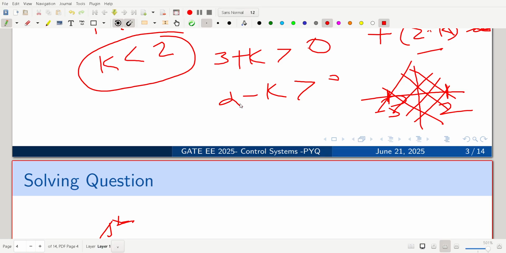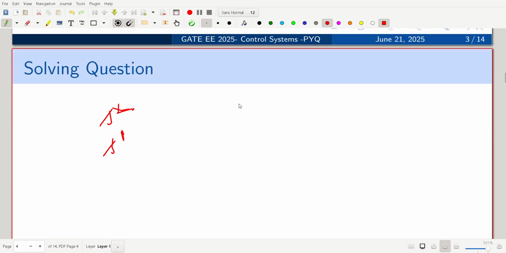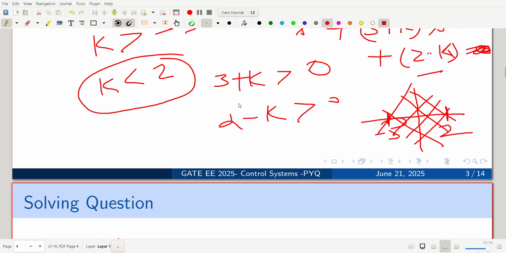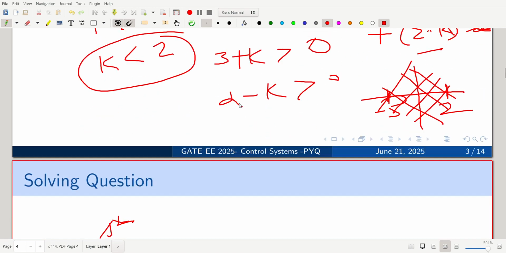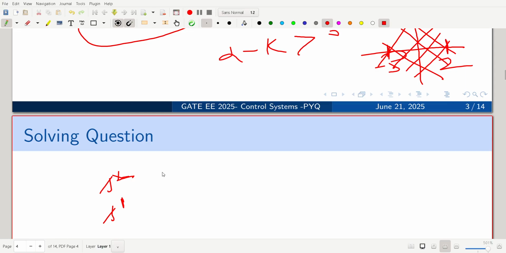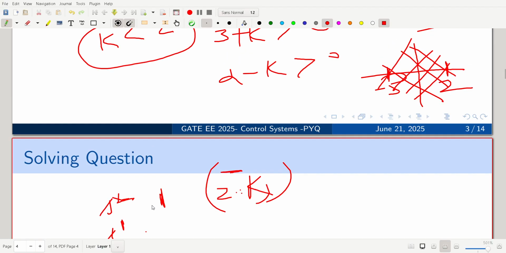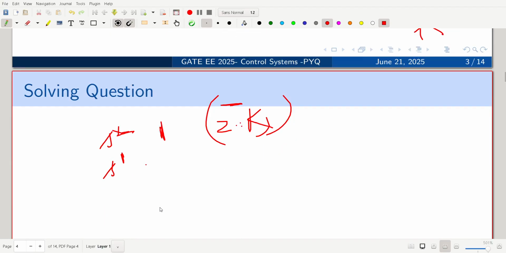In case of the first column, let us apply it to show what I want to convey. So s squared row has 1 and 2 minus k, and s power 1 and s power 0.